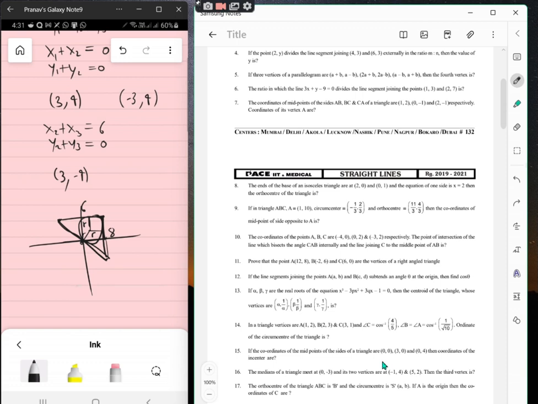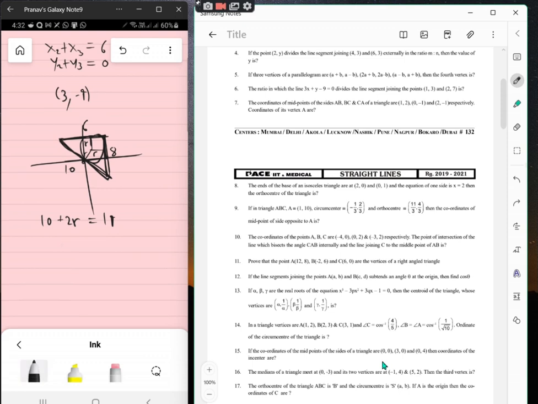So how do you do that? This complete thing will be 10 plus 2R, because 10 can be split into this plus this, and then that plus these two R's. That's the sum of this side and this side, that's 14. So 2R is 4, R is 2.